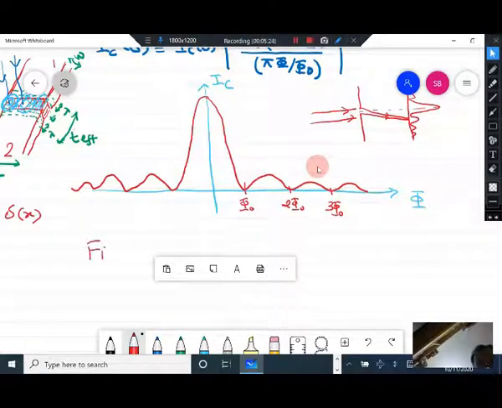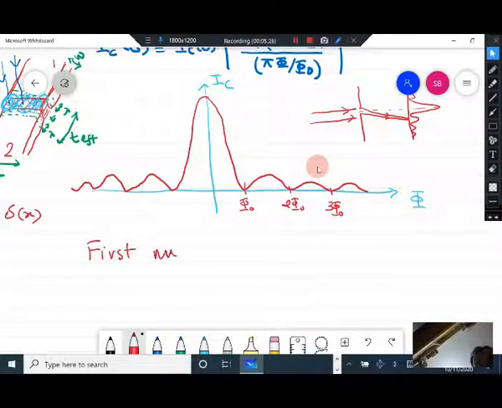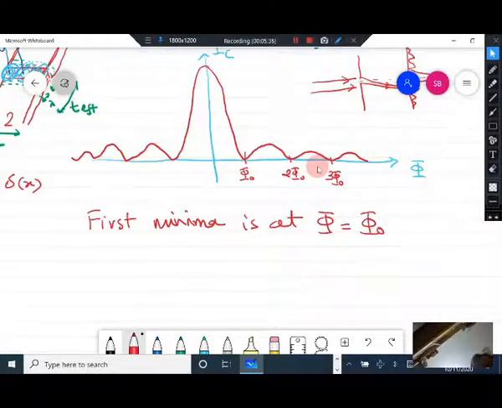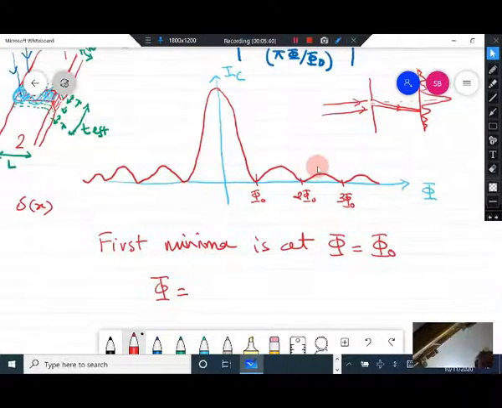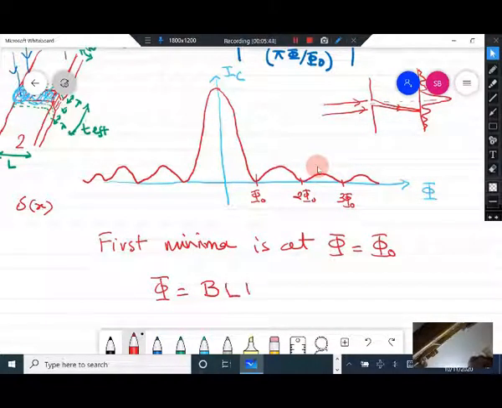the first minima is at phi equal to phi 0, where phi is nothing else but the magnetic flux which is present inside this junction, which is B into L of the junction into T effective.